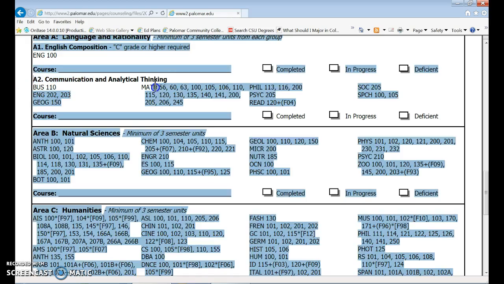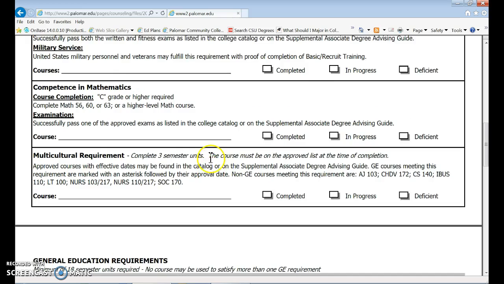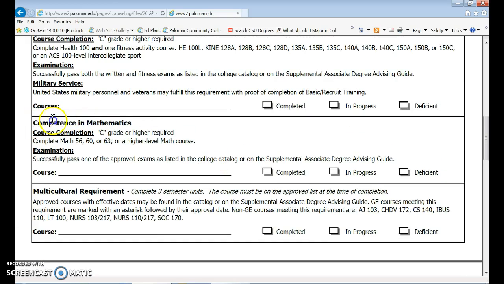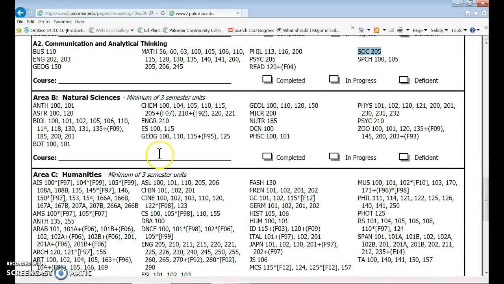For communication and analytical thinking, don't worry about that, because whatever you do to complete the competency of math will also take care of your communication and analytical thinking. There's where you see your Math 56 and 60, or your Math 120, or your Psych 205, or your Soc 205.